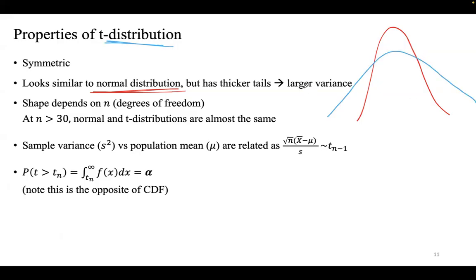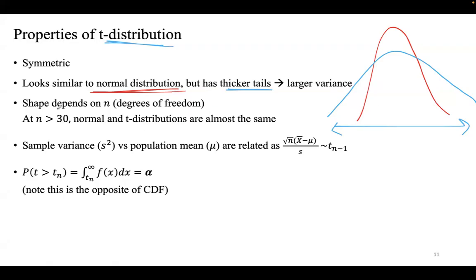Remember, the area under the curve has to be 1, so it could not be that this is taller and thicker also. The area under the curve is going to be 1. So the t distribution has thicker tails. The ends are thicker, which also means that the variance is larger, right? It's distributed over a longer area.